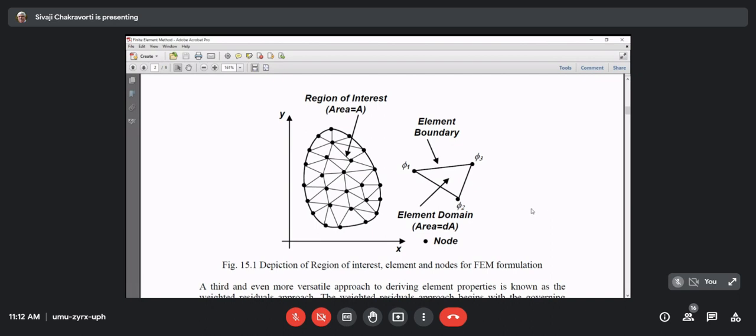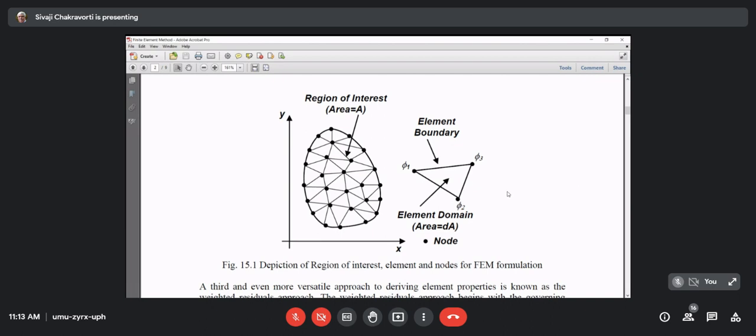And the moment we say an element, naturally there has to be a boundary. So here it is shown that it's the element boundary, which is actually the boundary of the triangle. And since it is a triangle, the three vertices of the triangle are the three nodes. And we define the value of the primary field variable, which in our case is electric potential, that is phi 1, phi 2, and phi 3 at these three vertices.